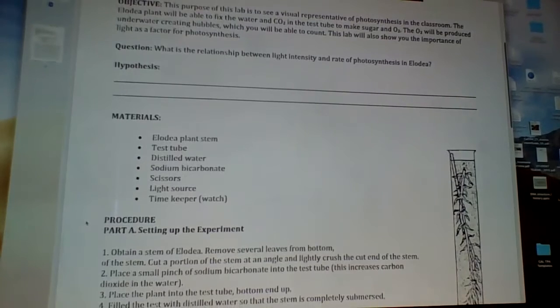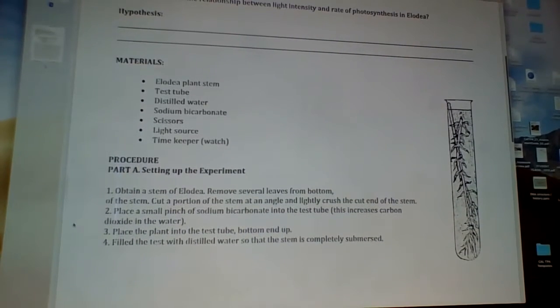Then you can gather your materials. On every lab table you have an Elodea plant stem, a test tube, distilled water, sodium bicarbonate, scissors, a light source, and a timekeeper. You can go ahead and use your cell phone if you would like, or a watch.